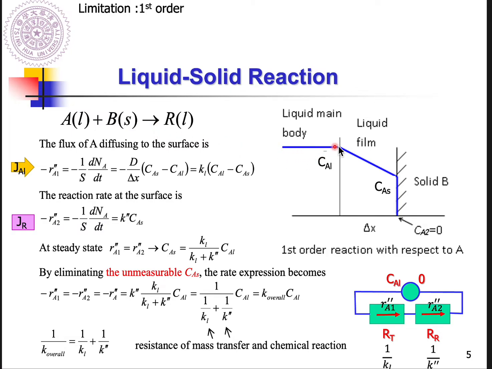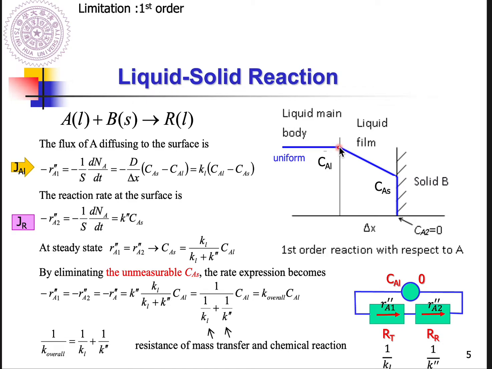So have a look, we use the blue curve to plot the concentration of reactant A. Inside the liquid main body, we know the concentration of CA is uniform. But as you know, A is going to diffuse through the film layer. If the film layer is between the liquid and solid, we call it a liquid film layer.